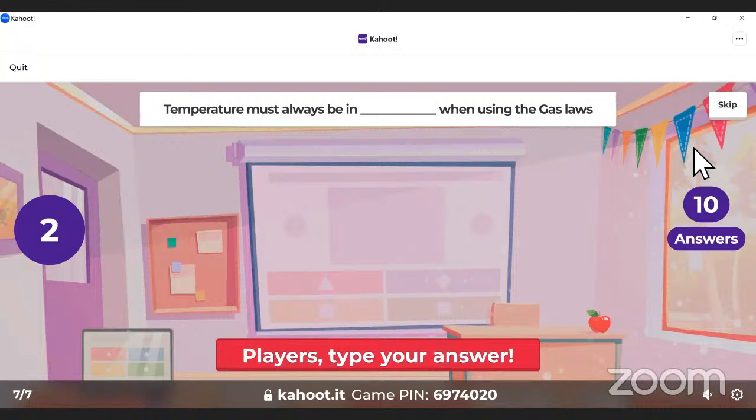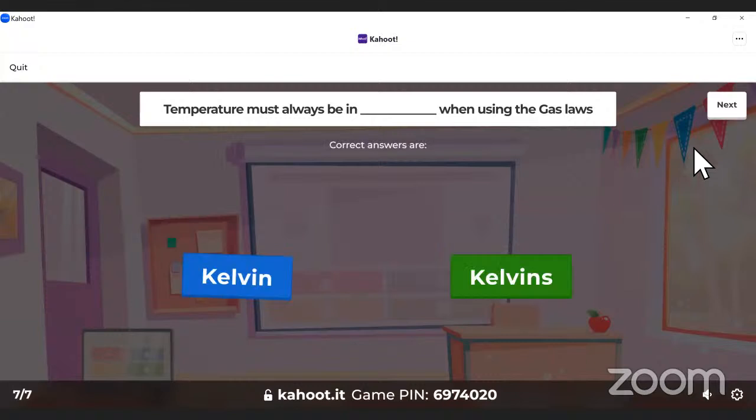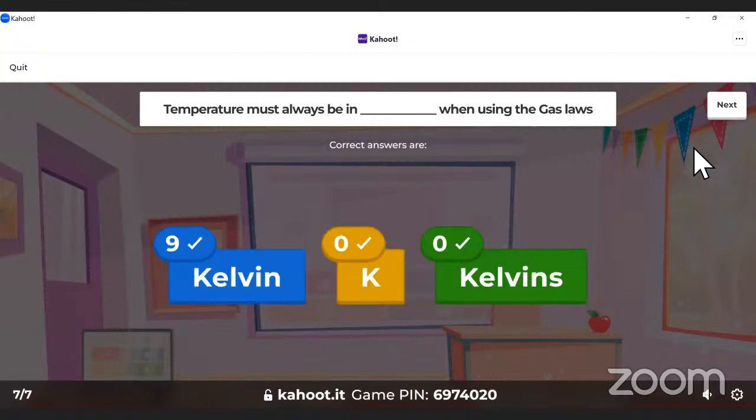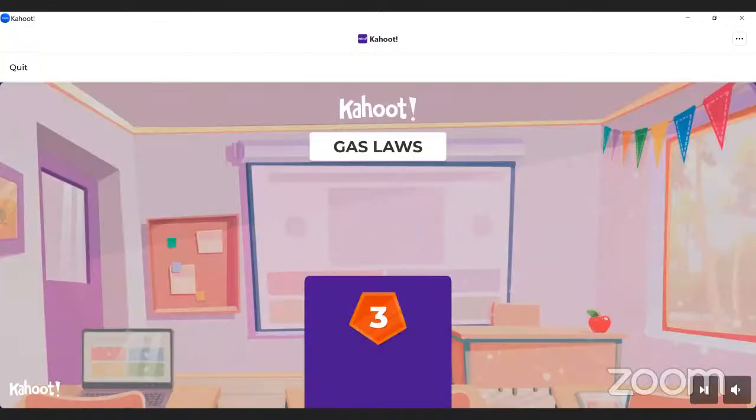Oh yeah, for you, spell it quick. Wait, it had no lowercase. Anyway, Calvin is a capital. Okay. All right, let's see what happened.